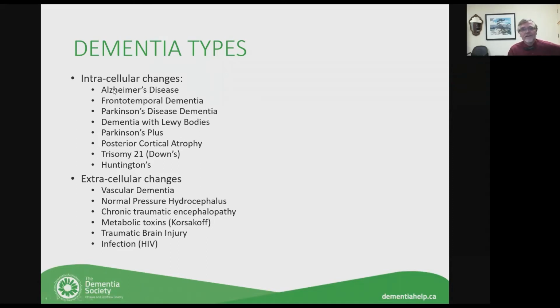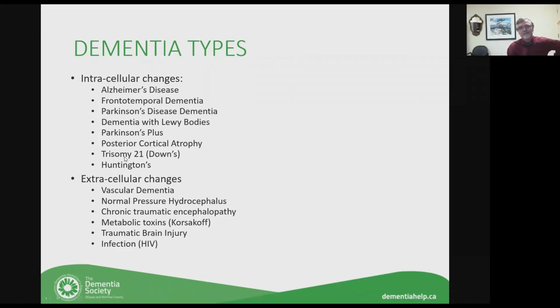So these conditions, Alzheimer's, frontotemporal, Parkinson's, Lewy body, posterior cortical atrophy, Huntington's, etc., these are inside the cell conditions.